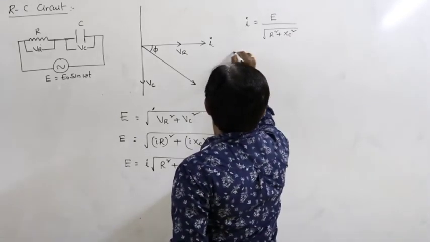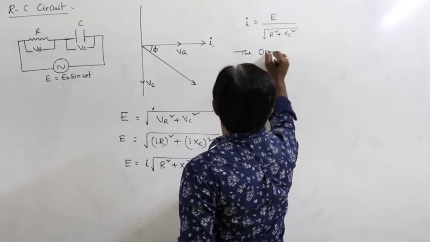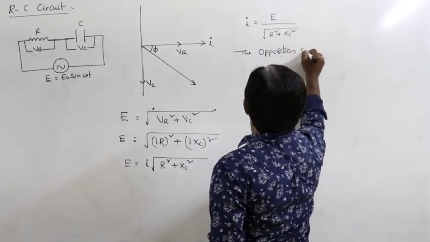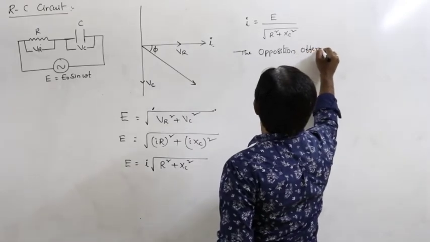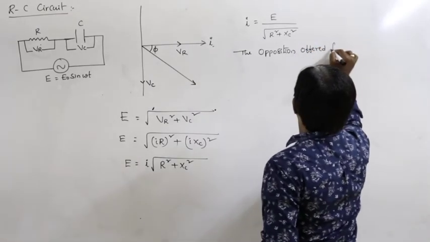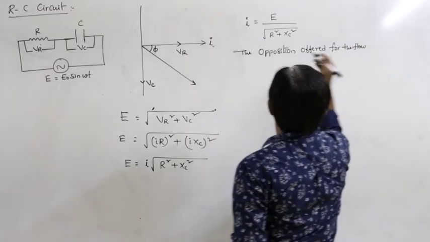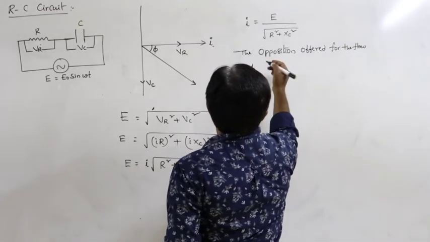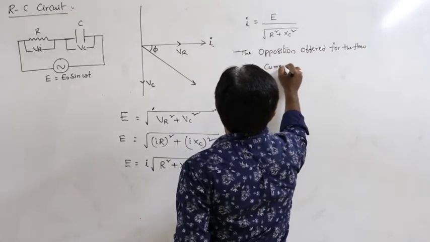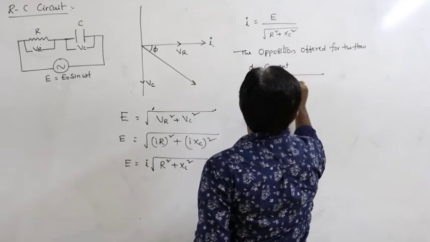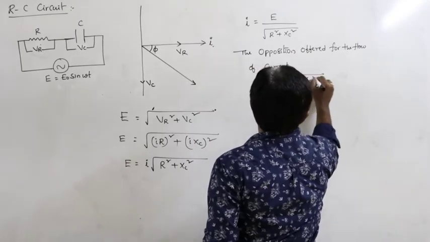Here the opposition offered for the flow of current is Z, which is equal to under root R square plus XC square.